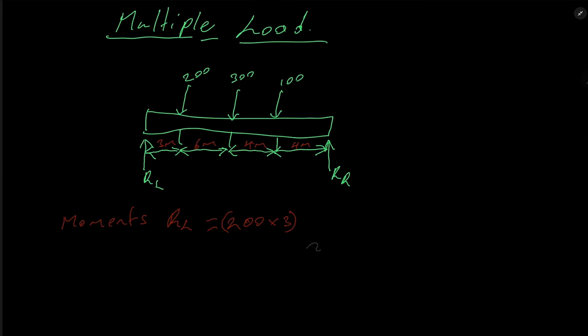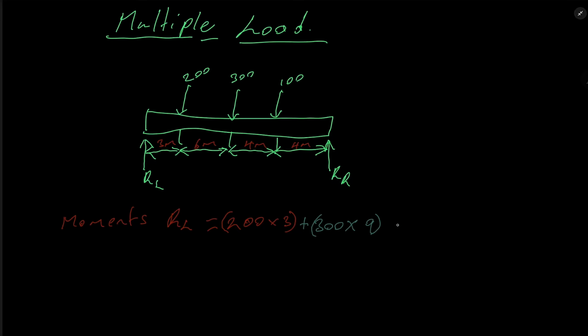Then we add to that 300, multiplied by how far it is away from RL. In this case it is 6 plus 3, so that's 9. So that's multiplied by 9.